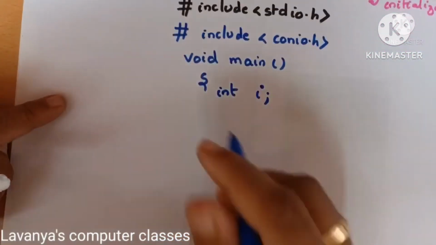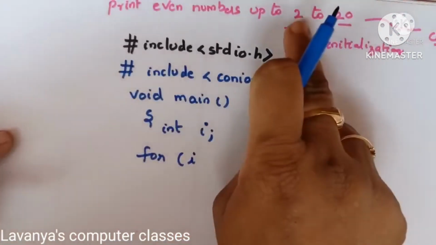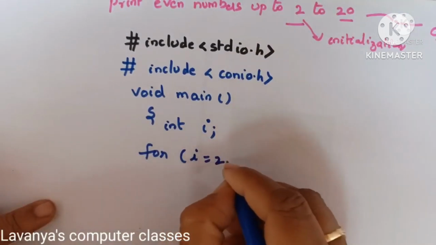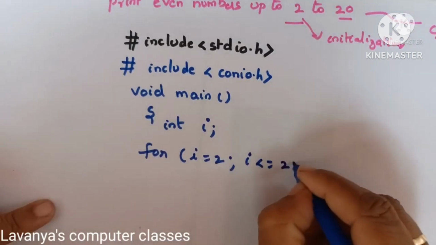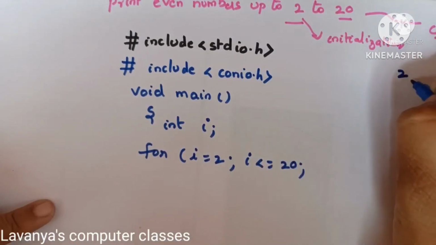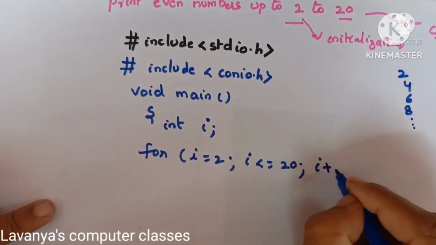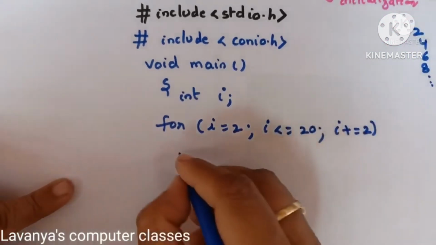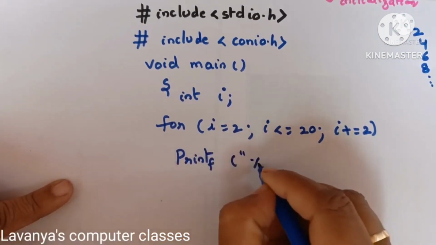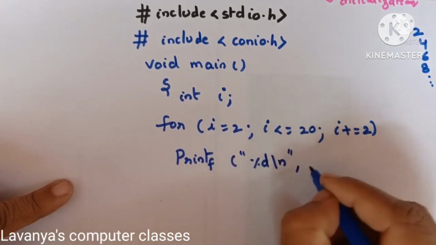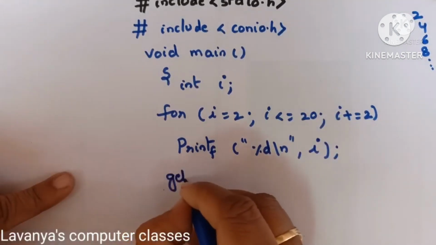Then for loop: what is the initial value? The I value is 2, starting number 2. Next condition, i <= 20. Semicolon, i += 2, because we need to increment by 2: 2, 4, 6, 8, like this. So i += 2. Then printf("%d\n", i). So the program is finished. Close the program, getch.